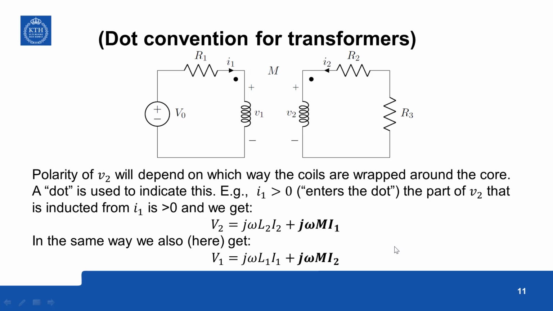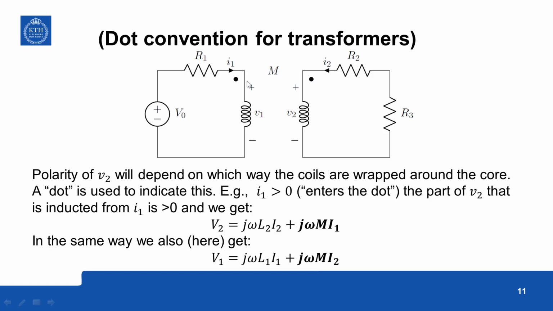Now just to aid in the analysis, the dot convention for transformers, because the transformer winding can be done in different ways. The way the winding is done will influence whether, in writing the equations, the mutual coupling has to have a minus sign in front or a plus sign in front. Suppose you have a dot here and the current is entering, and a dot here and current is entering over there.